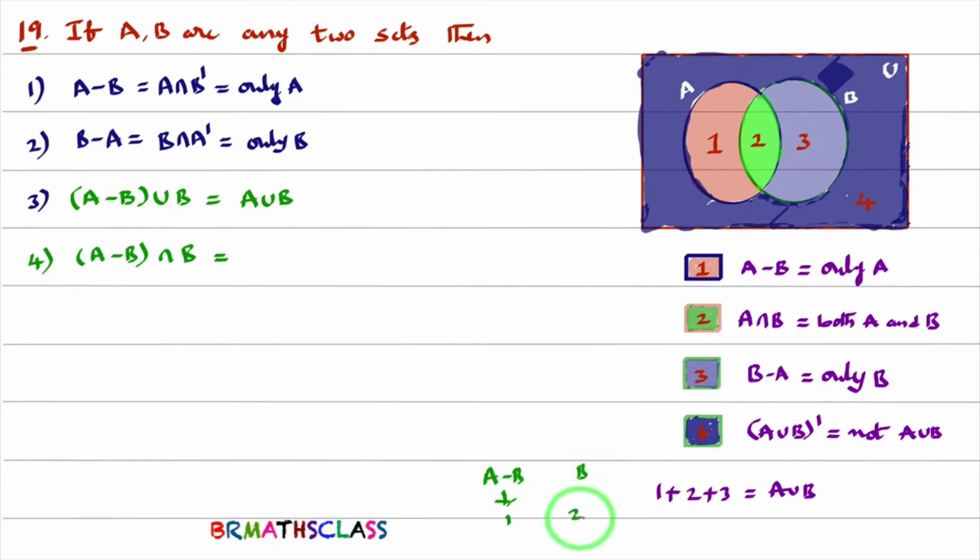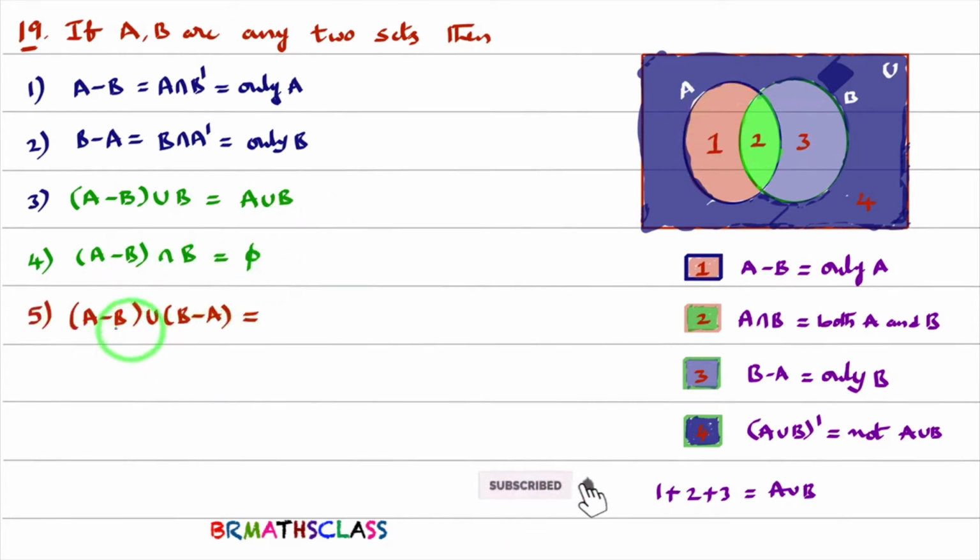Set B means part 2, part 3. This is first set, this is second set. Is there any part common in both? No. So these sets are disjoint. So when we do their intersection, you will get empty set. So A minus B union set B is A union B. A minus B intersection B is empty set.